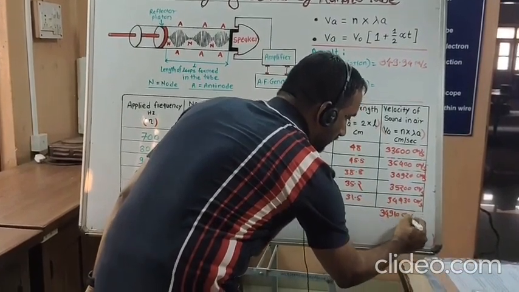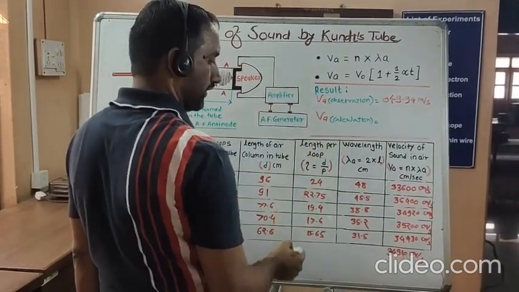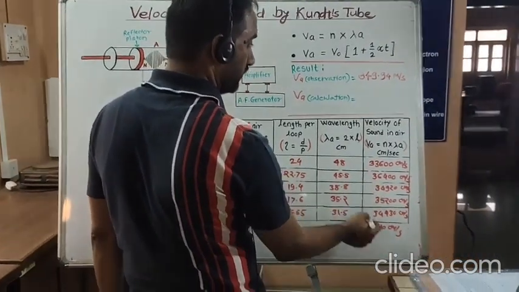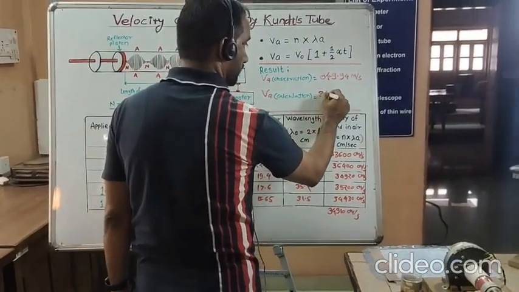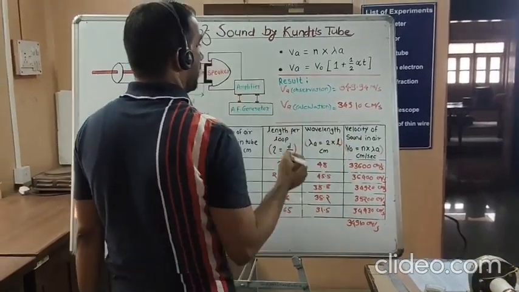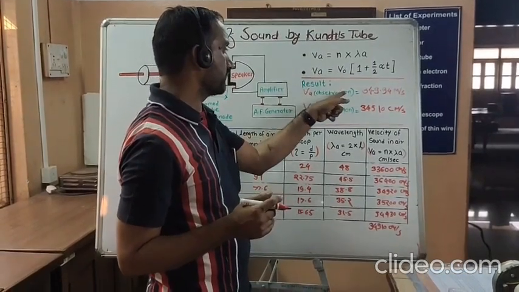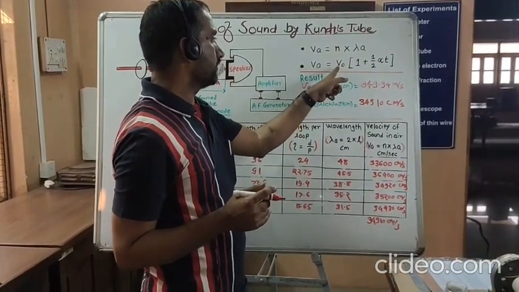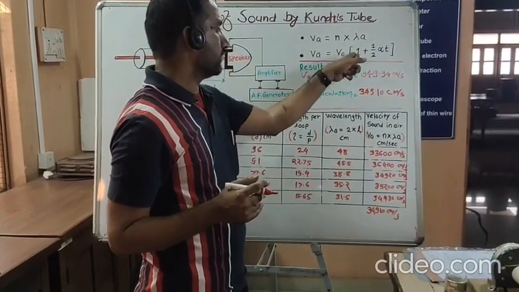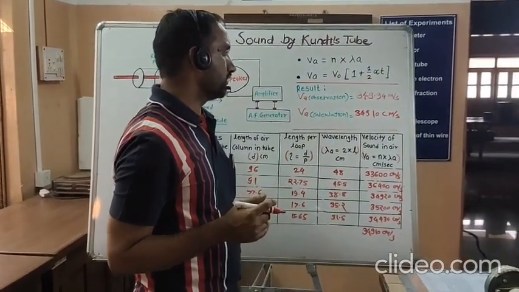So I am writing here the velocity of sound in air from this observation by taking the mean value of all the 5 readings. That value becomes 34,910 centimeter per second. And from the theory, the formula is V0 (1 + 1/2 alpha t), where alpha is 1/273 and t is 33 degrees Celsius.